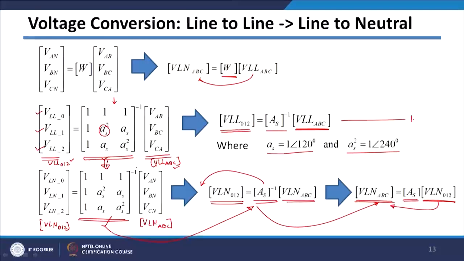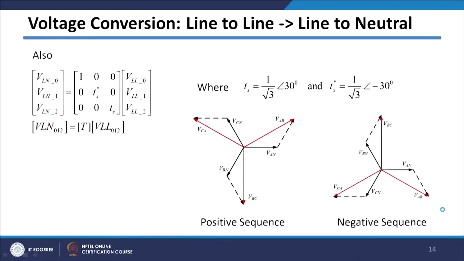I can say this is equation number 1, this is equation number 2, and the third equation we can get from the relation between line to line sequence components and line to neutral sequence voltages. This is line to neutral zero sequence voltage, line to neutral positive sequence voltage, line to neutral negative sequence voltage.